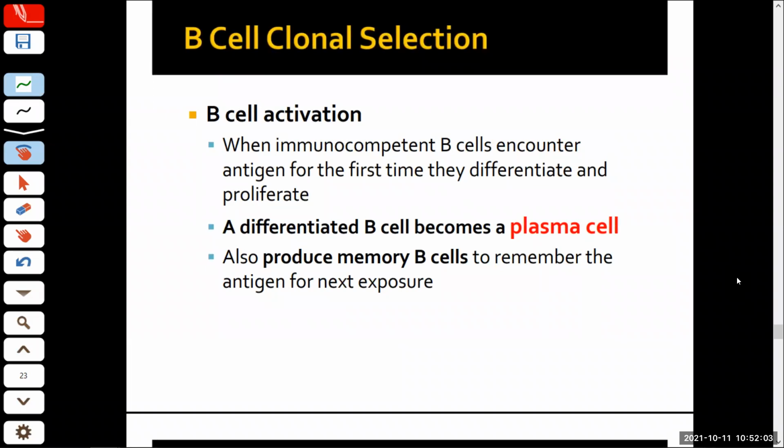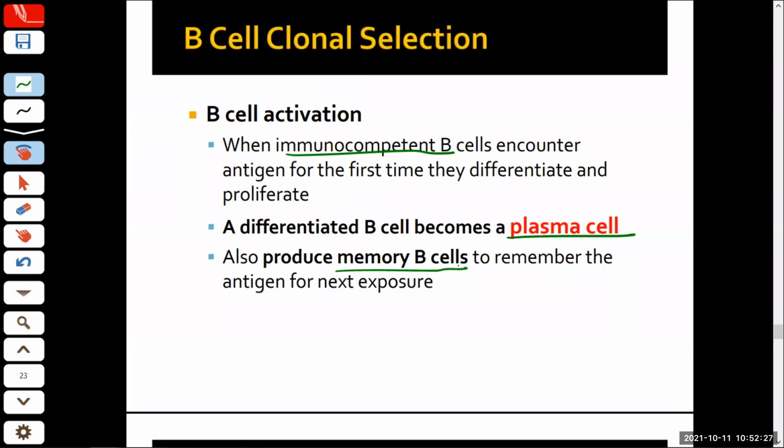Cool. And thankfully, we've already talked about these and we've already written them out, so it goes a lot faster. When your immunocompetent B cell encounters an antigen, it can become a B plasma cell. What does a B plasma cell do? Creates the antibodies, the immunoglobulins. B memory cell, what does that do?